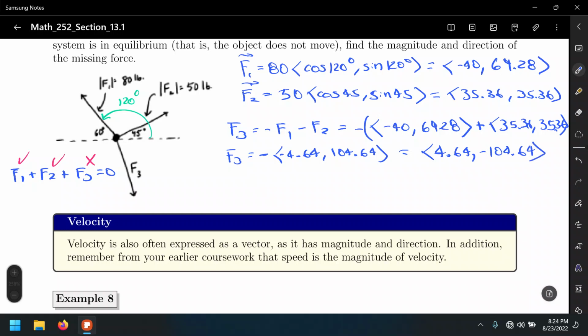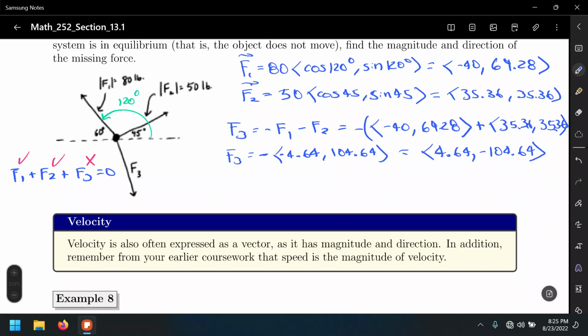So that's the resultant vector. And it makes sense, right? Look at the signs of the components of the missing vector, the unknown vector. We have a vector that is positive in the x direction and negative in the y direction. And if you look at the force diagram in the picture, isn't that what we have? Positive and negative. All right, looks good.